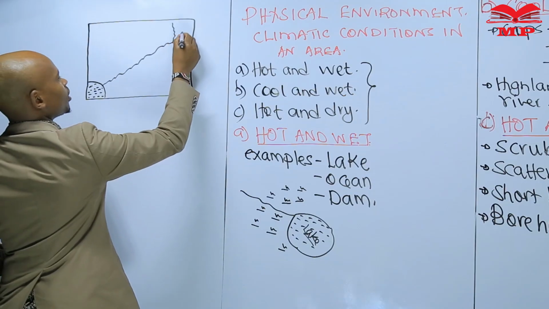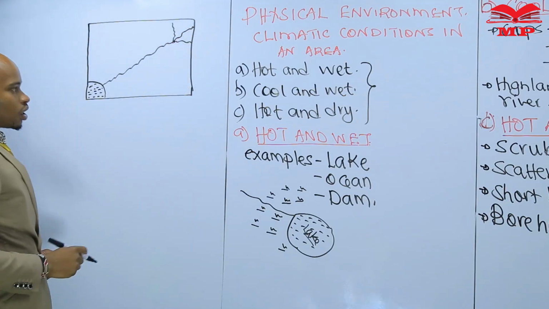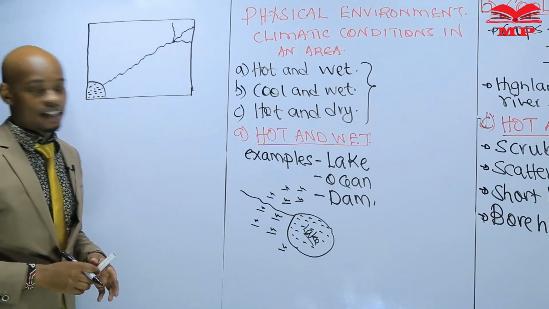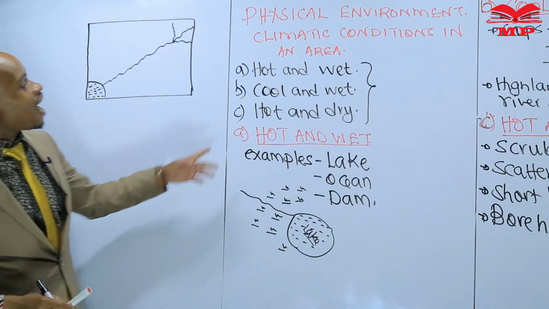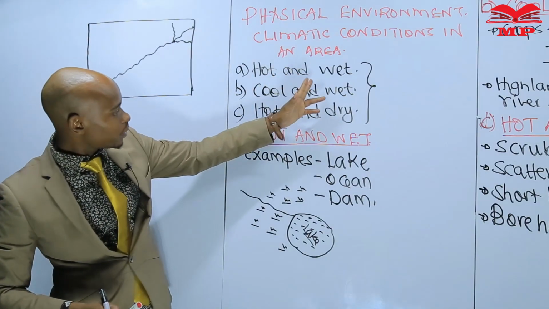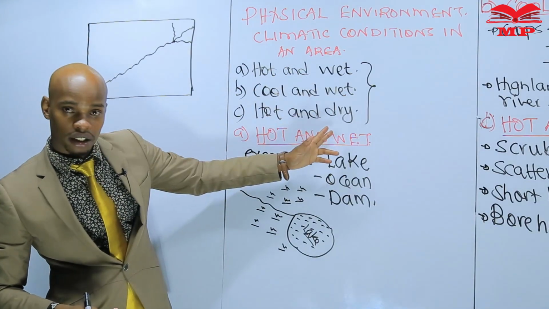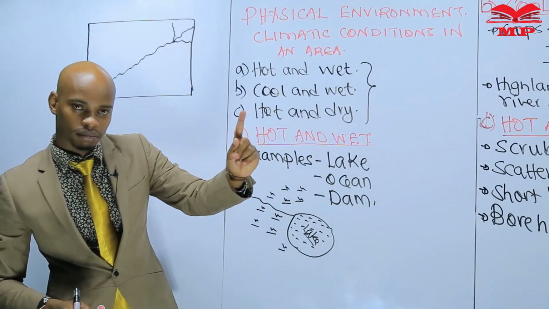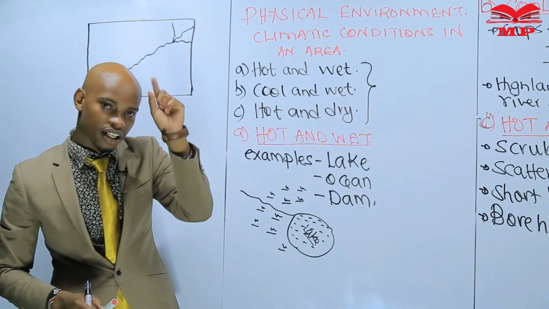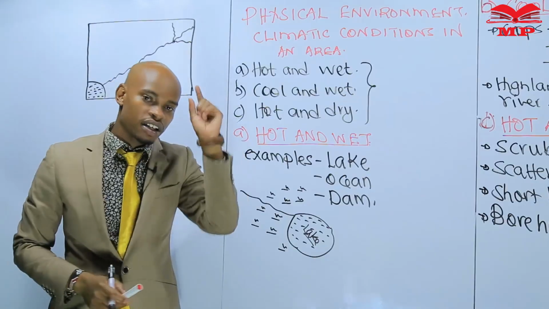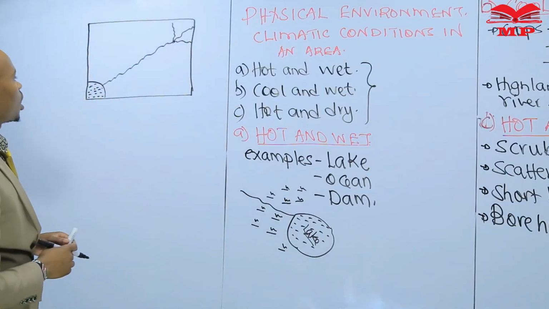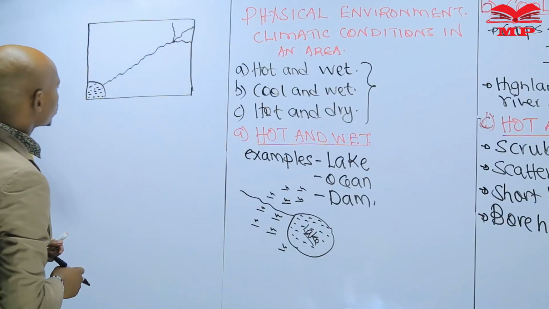And we have agreed very well that an area might have the three of them: hot and wet, cool and wet, hot and dry, or one of them. You must be very keen when attempting these kinds of climatic conditions.